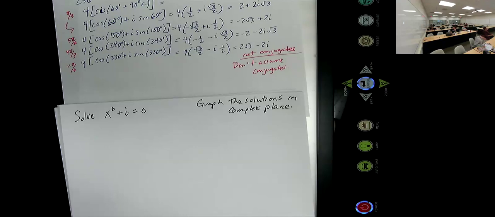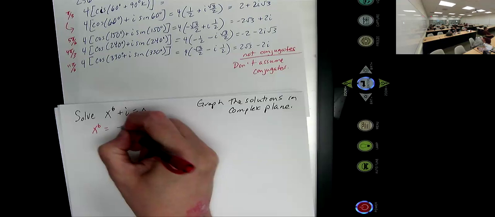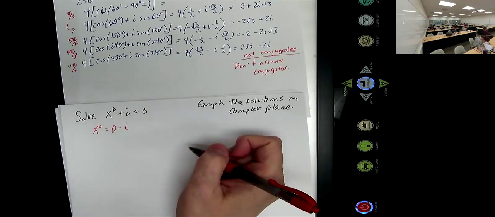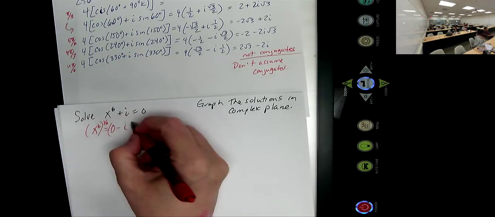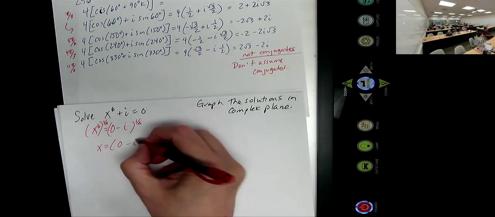So we're gonna subtract the I over. We're gonna get x to the sixth equals negative I or 0 minus I. And then we're gonna take the 1/6 power on each side. So x equals 0 minus I to the 1/6.